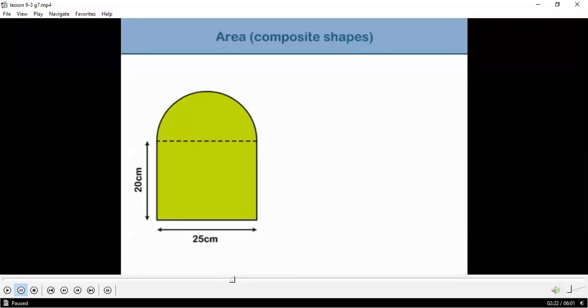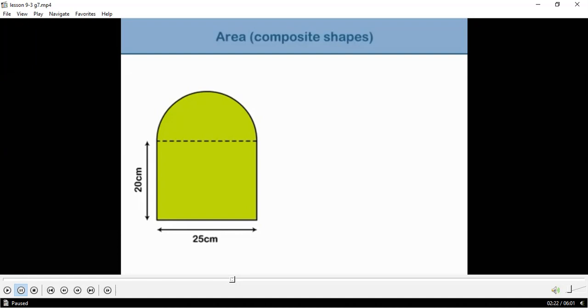So what can you see now? A semicircle from the top and a rectangle from the bottom. So we have a semicircle and we have a rectangle.